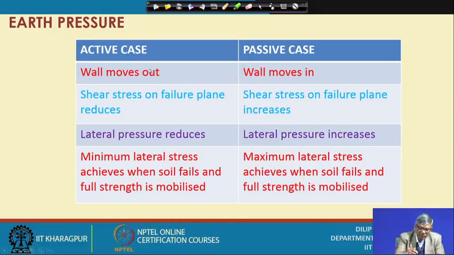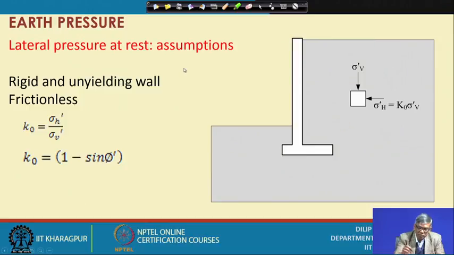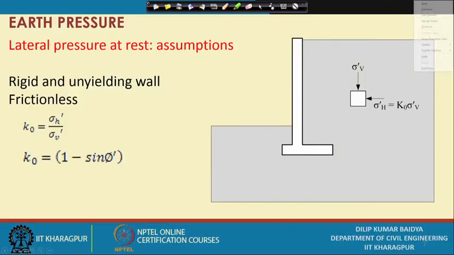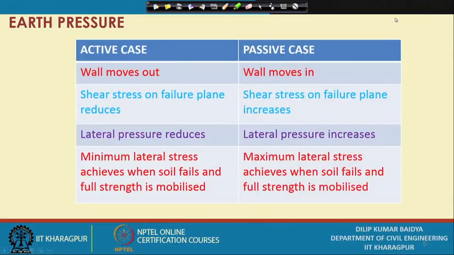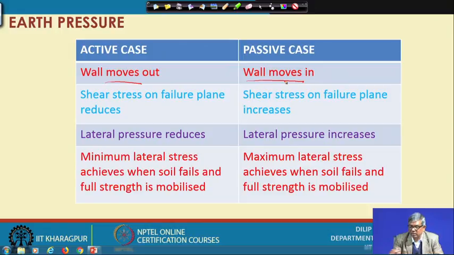You can see that in the active case the wall moves out, whereas in the passive case the wall moves in. As I have told you, this is the wall and this is the backfill. The wall moving away is active, and the wall moving towards the backfill is passive.